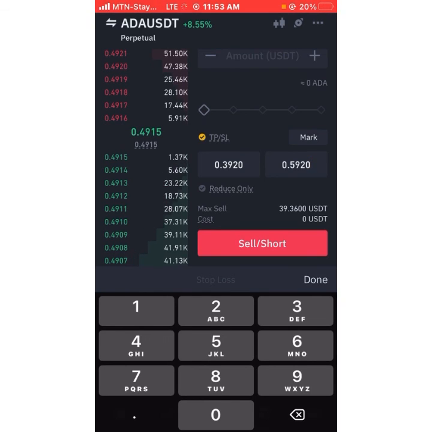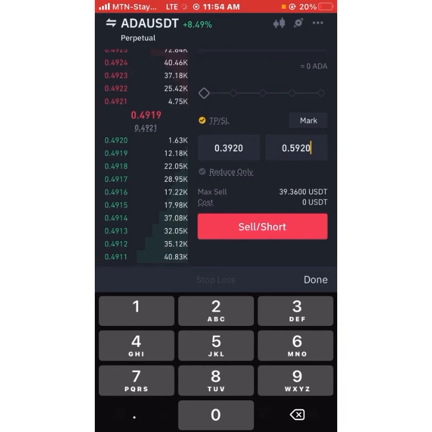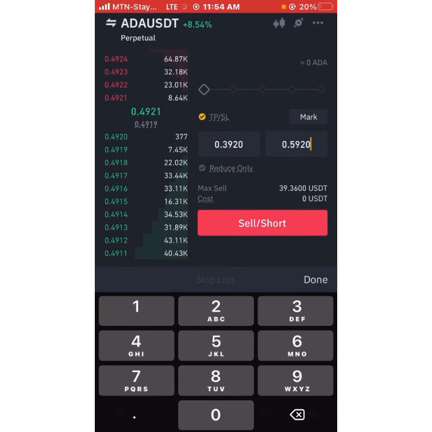Then to place a sell order means you are projecting that the market is going to go down, so you place your price below the current market price so that you can take profit. So either way, whether the market is going up or coming down, you can make profit.